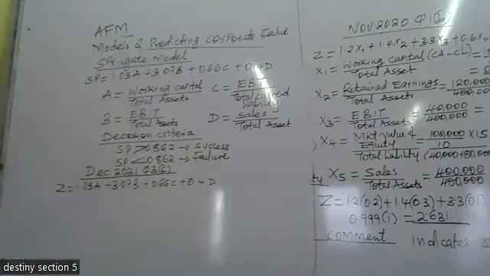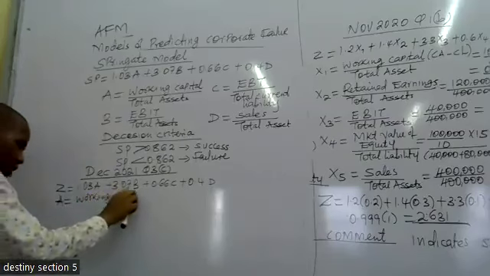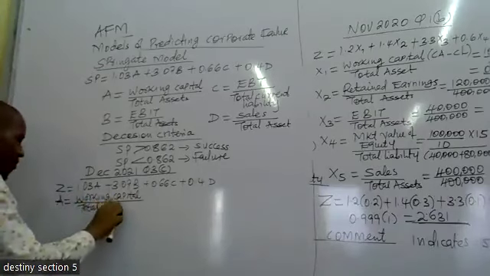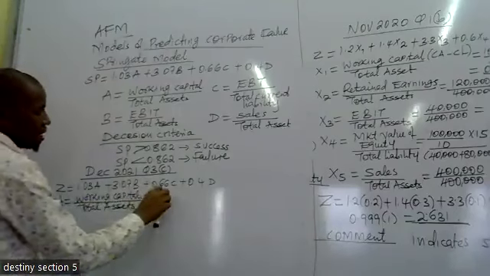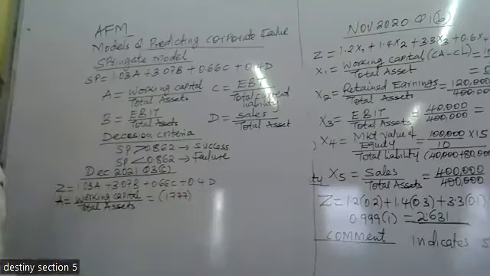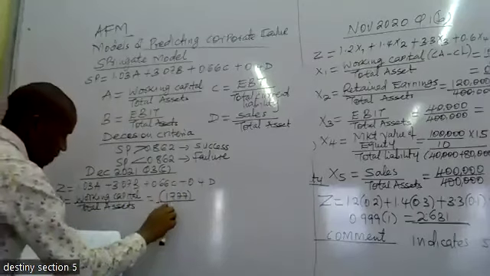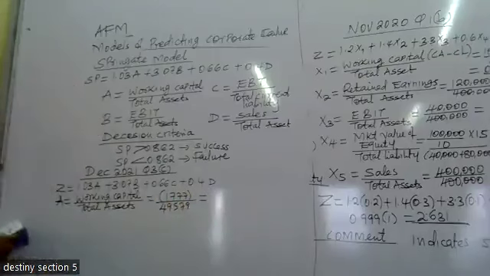So in this case, we begin with A, which is the working capital divided by total assets. What is our working capital? In this case, we've been given the net working capital, which is a negative of how much? 1777. Total assets, we've been given there as 49,579. So it will give you how much?